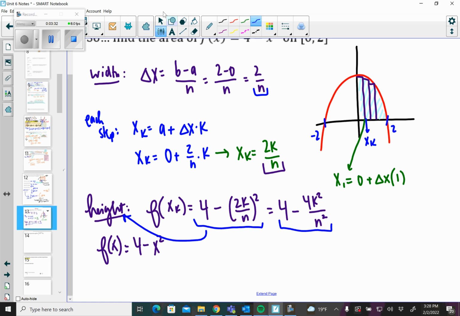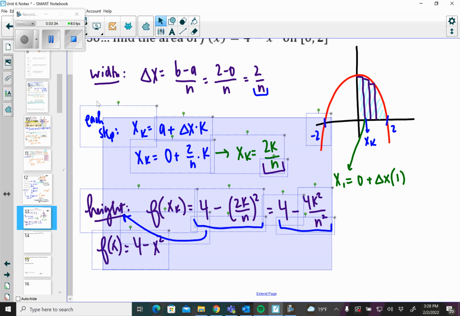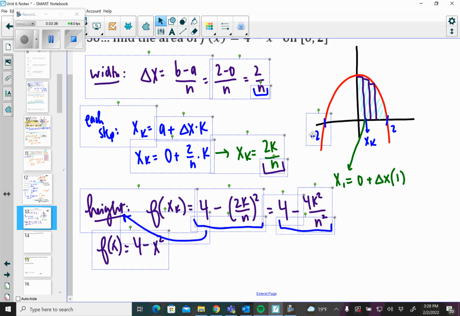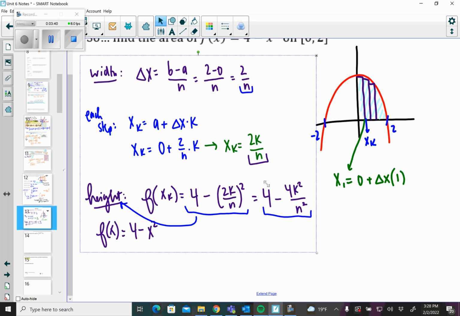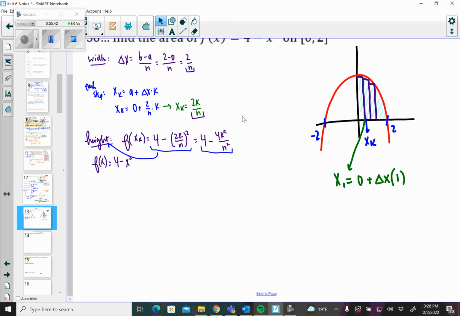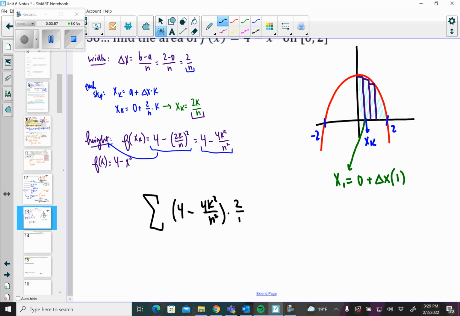Which means we are ready to write an expression that shows the sum of all of the areas of these rectangles. To do that, we are going to use our summation notation. We are summing up the height, 4 minus 4k squared over n squared, times the width, 2 over n.